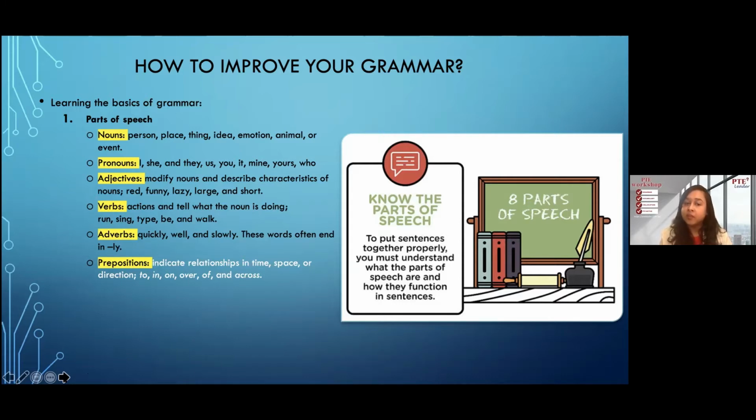So knowing this is very important because sometimes in reading fill in the blanks, they give you a blank on prepositions. And if you don't have enough knowledge about the rules of prepositions, you can't answer that. It will be very confusing for you.